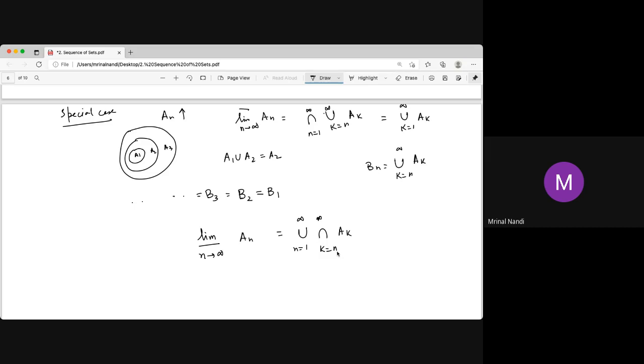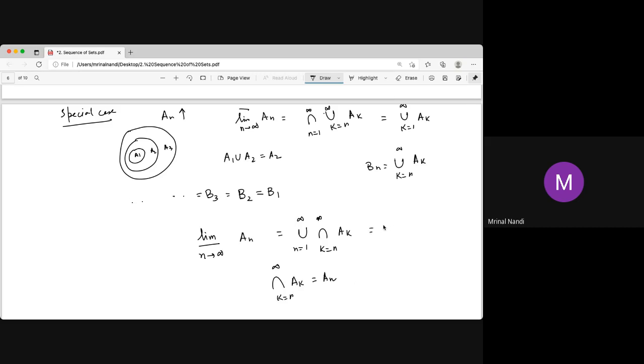This intersection is A_n, because A_n is a subset of every A_{n+1}, A_{n+2}, A_{n+3}, so the intersection is A_n.